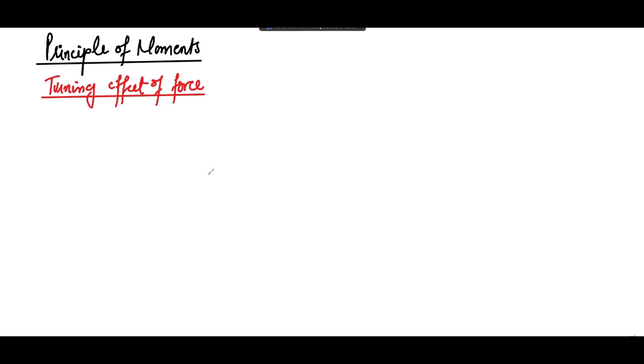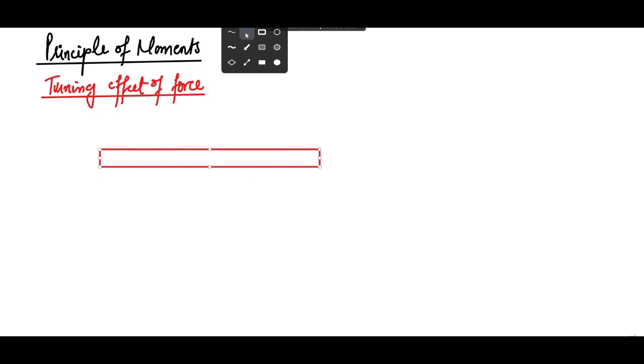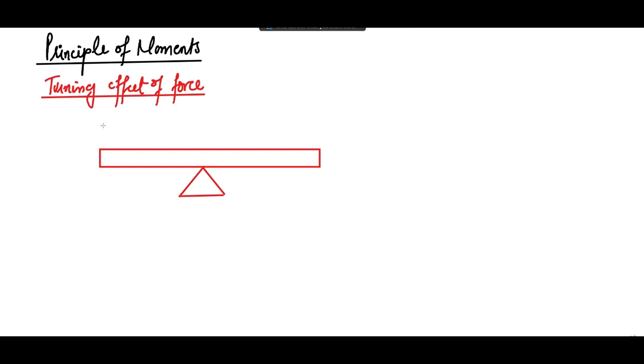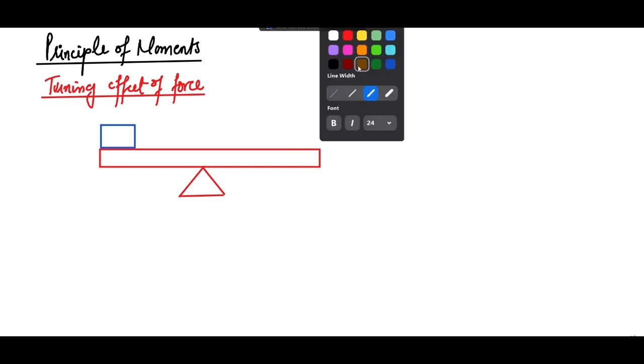Let's look at that. So let's say that we have a rod like this and it's standing on a system of pivots like this, much like a seesaw, right? So we have two masses, for example, on both sides. If one mass was missing right now, what do you reckon is going to happen?